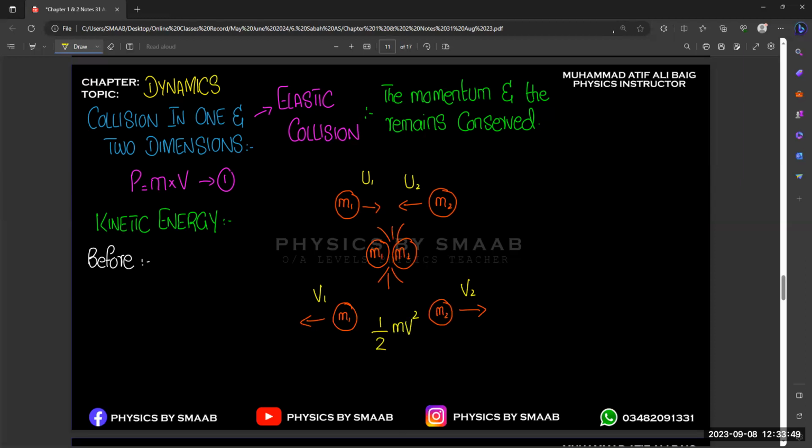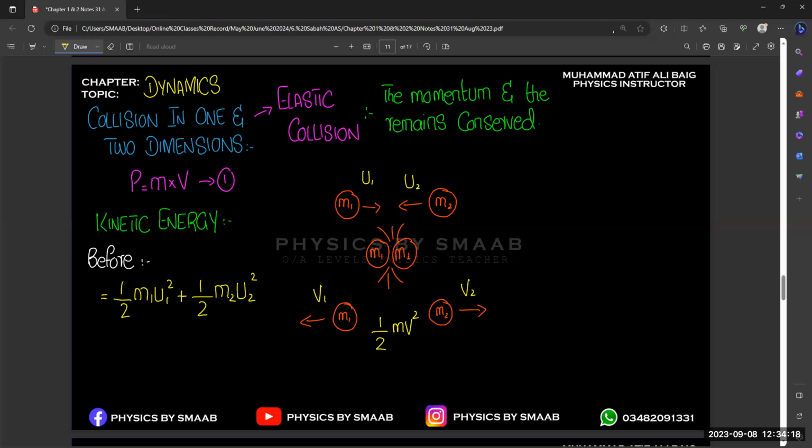So by taking the reference from the formula, we start the equation like this: let's suppose before collision, the kinetic energy of both objects will be equal to half m1 u1 square plus half m2 u2 square, right?